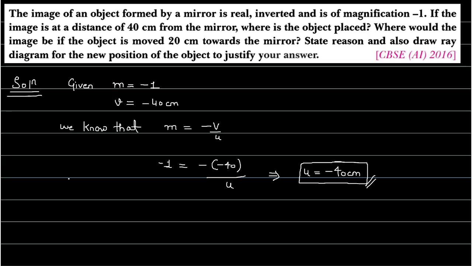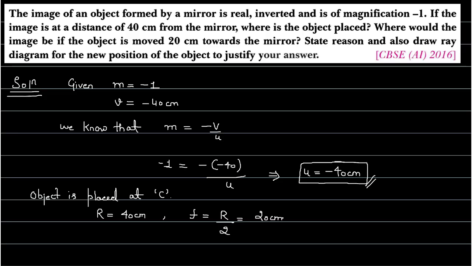So the conclusion is the object is placed at C, that is center of curvature. If the object is placed at C, the radius of curvature would be 40 centimeter, right? And we know that f is equal to r upon 2. So focal length would be 20 centimeter.